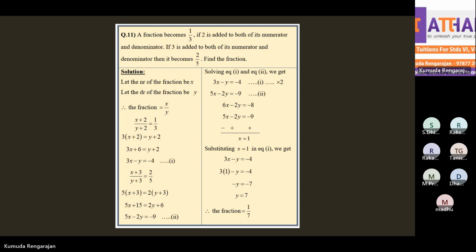What's the second one? Both the numerator and denominator is added to 3. If 3 is added to both of its numerator and the denominator, then it becomes 2 by 5.